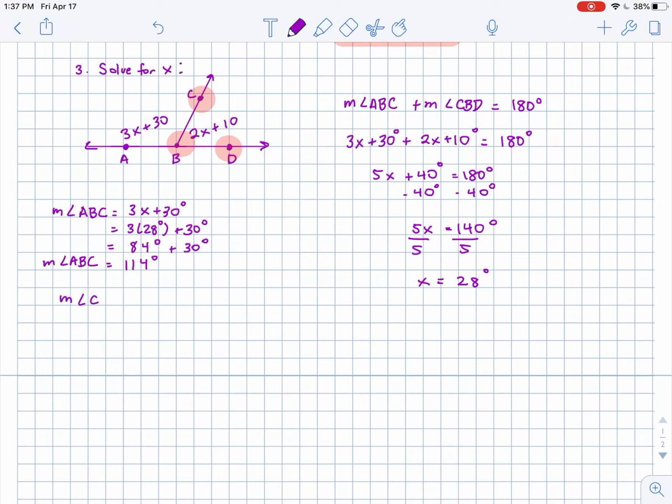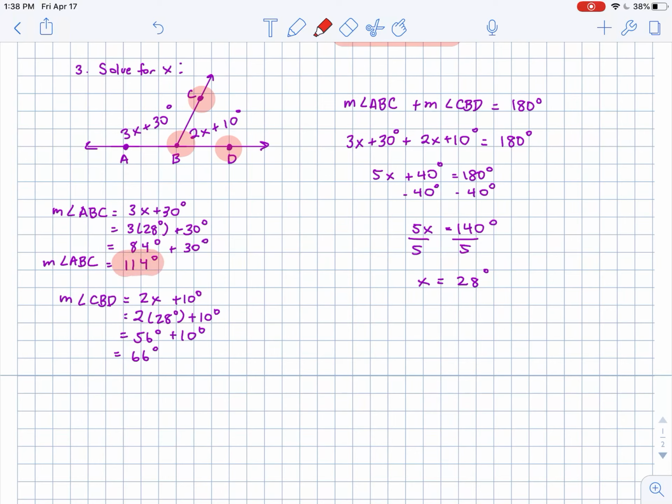The measure of angle CBD, when added to 114, should give us 180 degrees. Okay, forget these are degrees. All right, so I plug in my 28 degrees. 56 degrees plus 10 degrees equals 66 degrees.